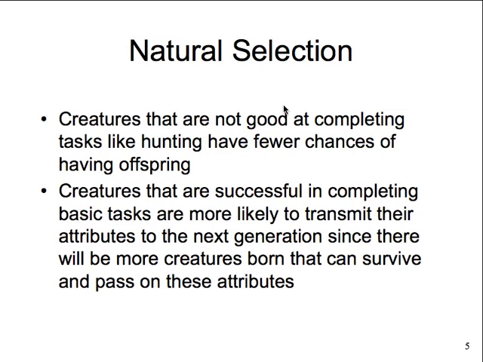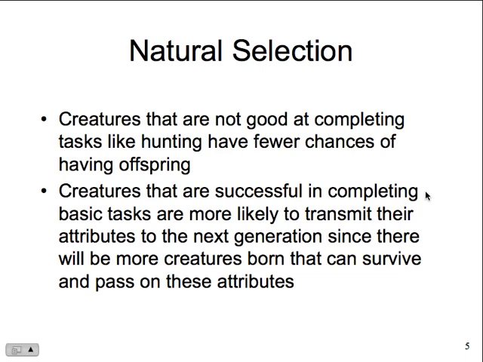We mutate humans, actually, to see what would happen if we combine this and this and this, to see from a genetic point of view if maybe that'll create a stronger human, or a stronger gene that's going to pull a little bit more weight, or do something differently. So back to the natural selection concept: creatures that are successful in completing basic tasks are more likely to transmit their attributes to the next generation.